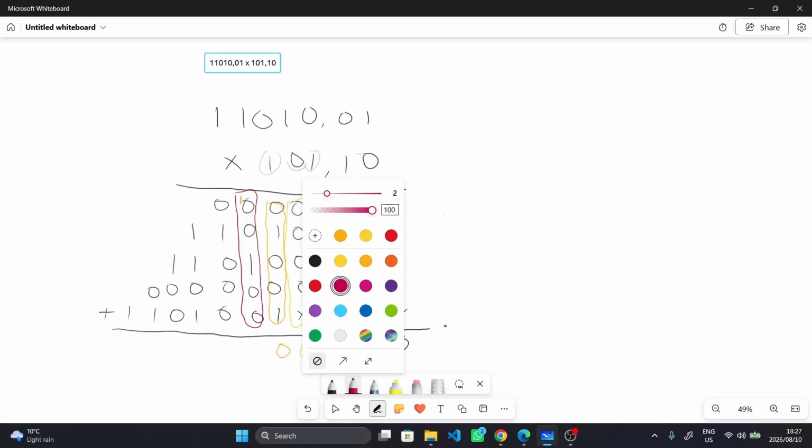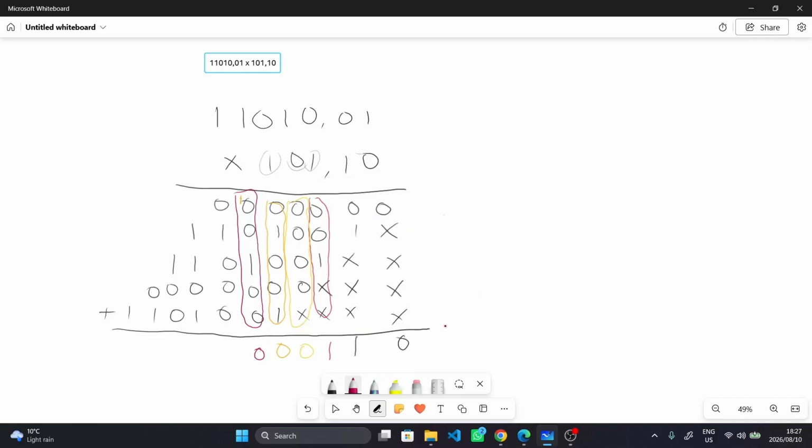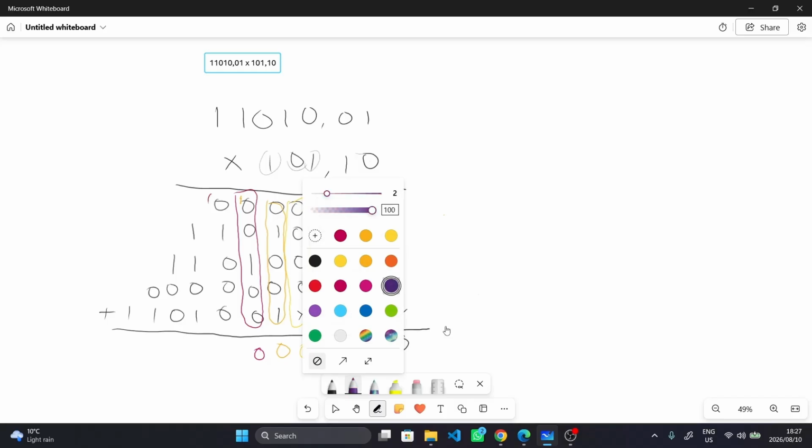And then we add this row here, which is 1 plus 0 plus 0 plus 1 plus 0 plus 0. That is 0 carry 1. Then we add this row here, which is 1 plus 0 plus 1 plus 0 plus 0 plus 0, which is again 0 carry 1.